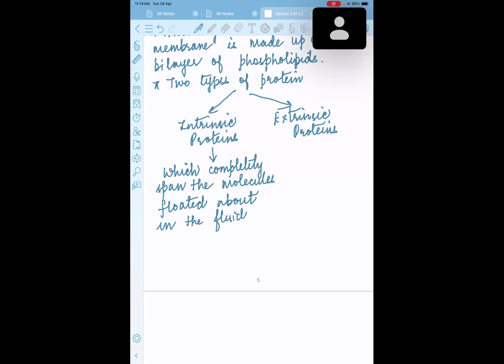Which means, in simple language, whatever molecules are floating, they will hold them and take them inside. Whereas the extrinsic ones occur on the outer surface of the lipid protein.